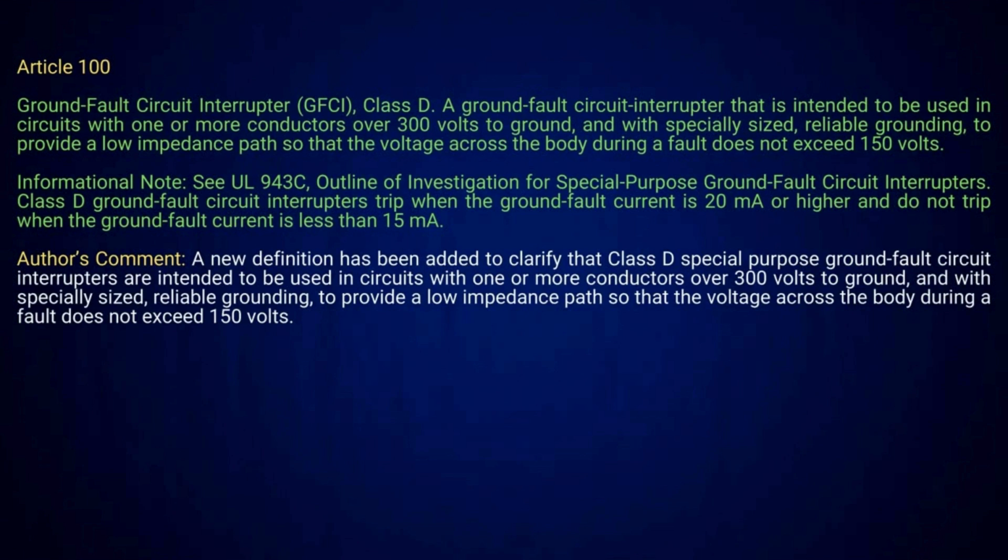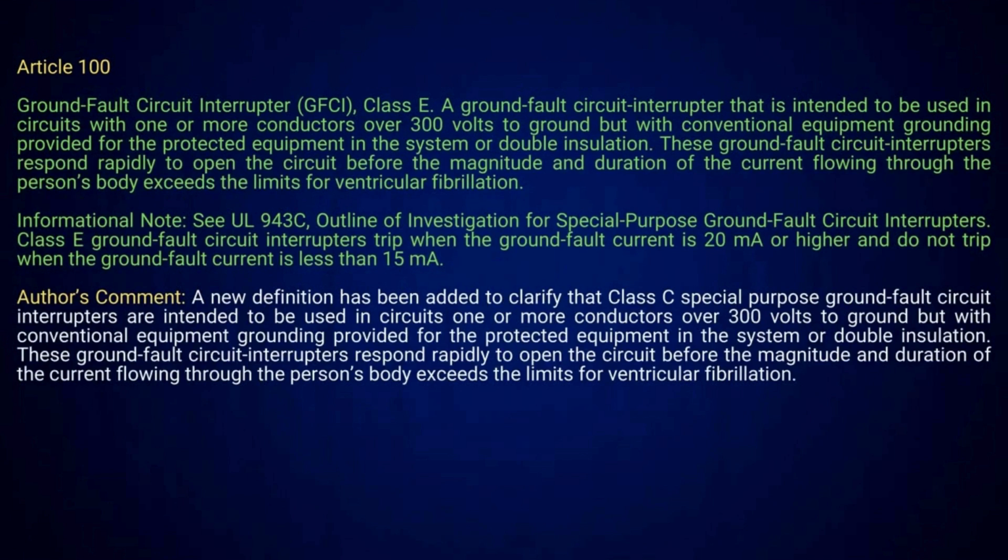And then when you get to the Class E, this is a special purpose GFCI intended to be used in circuits with one or more conductors over 300 volts to ground. But it also has conventional equipment grounding provided for the protected equipment in the system, or double insulation.